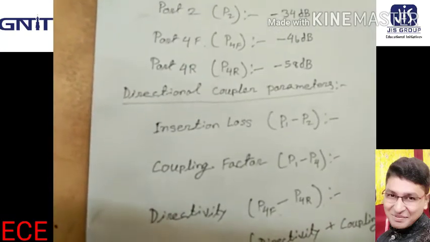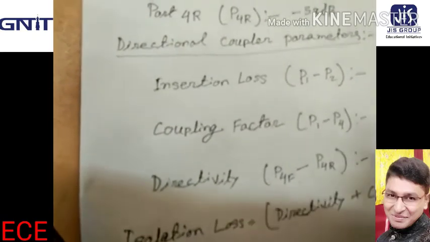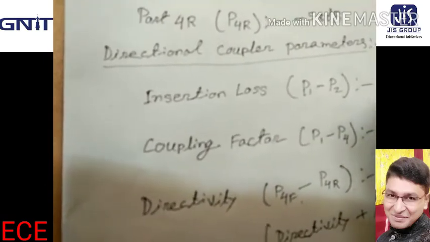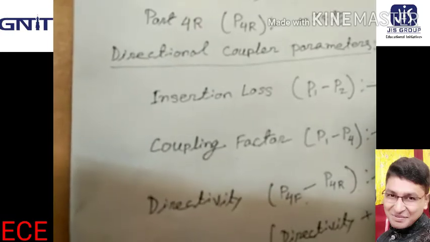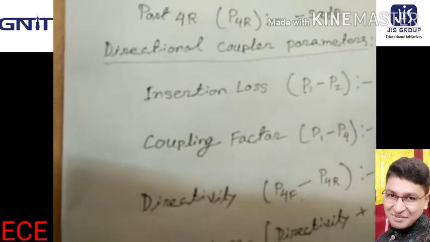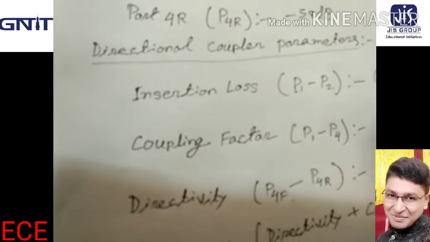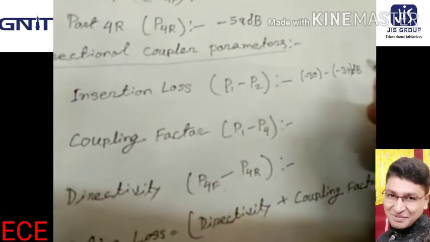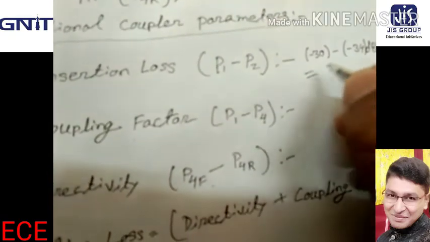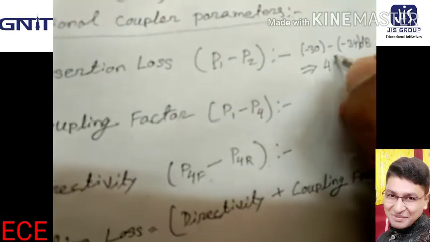Now insertion loss. Insertion loss is P1 minus P2. P1 is minus 30 dB, minus of minus 34 dB, that is 4 dB.